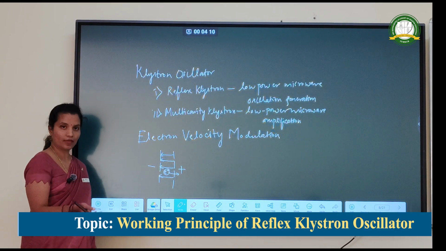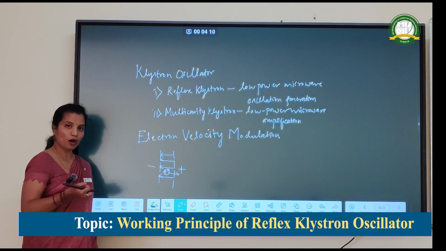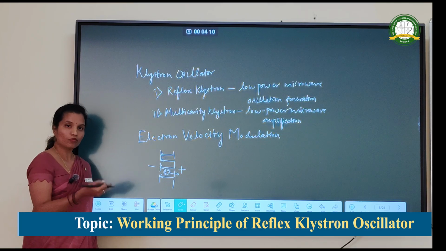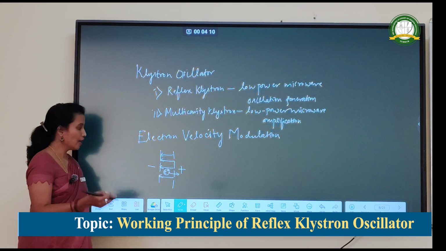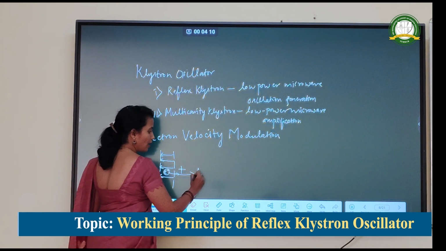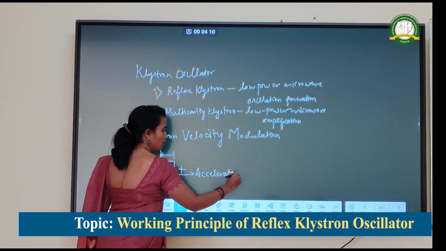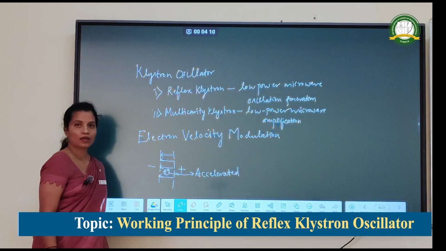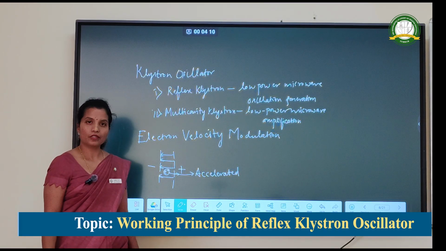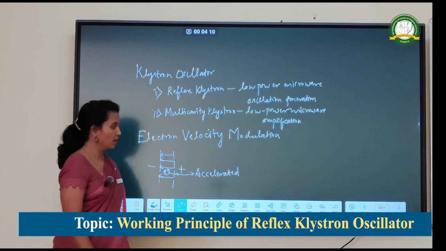The velocity of those will increase by absorbing energy. The speed of those electrons will increase and thus these electrons are said to be accelerated. So they absorb energy and their velocity increases, and thus they are said to be accelerated.